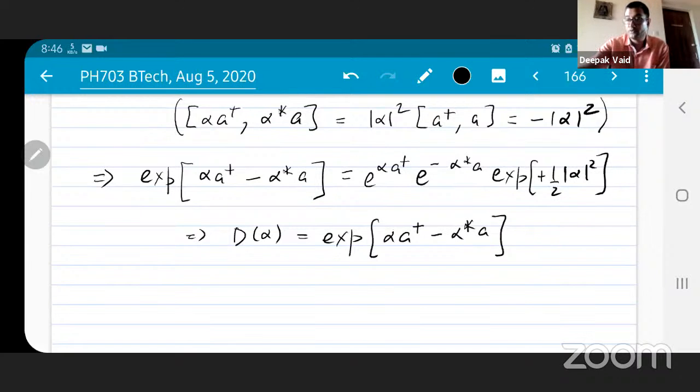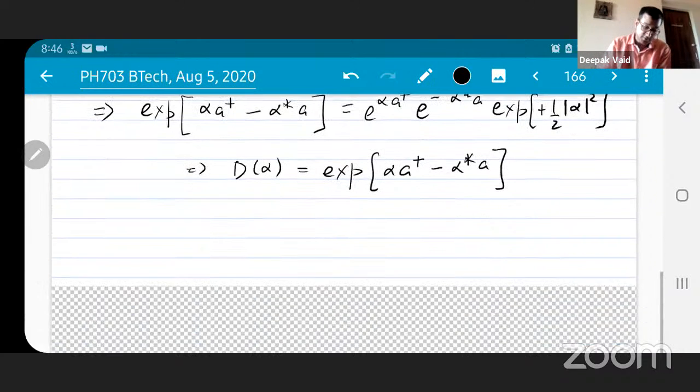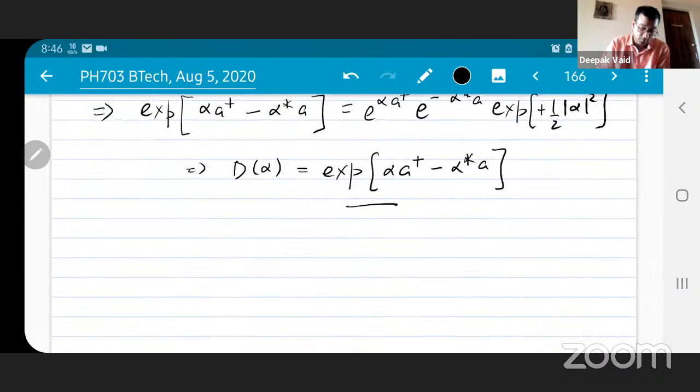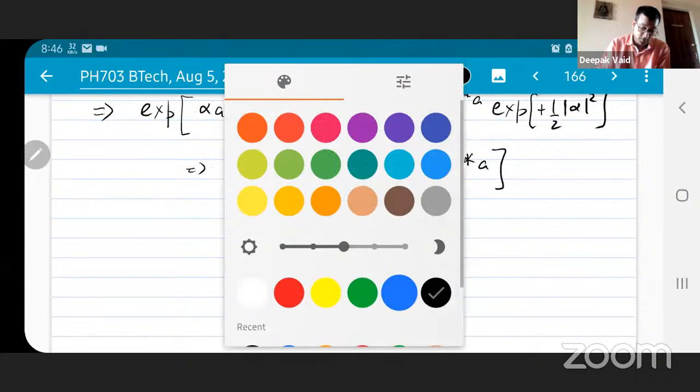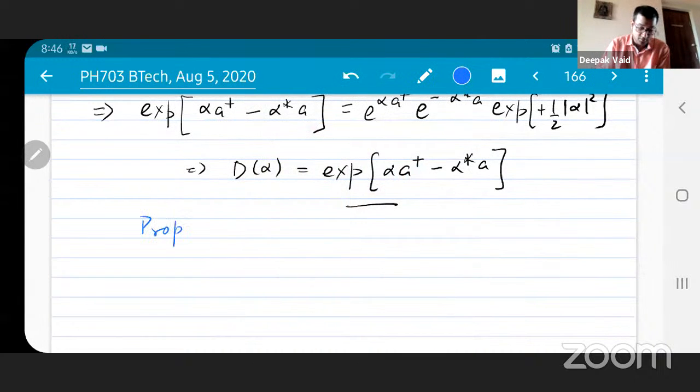Okay. Now we will work out its properties that I mentioned earlier. So what are those properties? Let's see. The first property that I mentioned is the fact that it's a displacement operator.